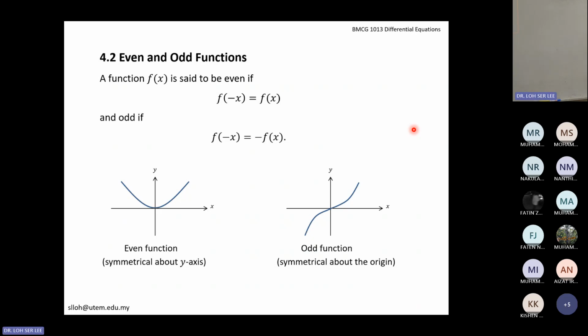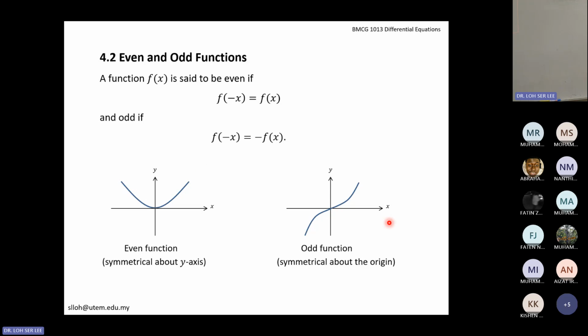Normally, in the final exam questions, there will be one part asking about the Fourier series, and maybe another part asking about odd and even functions. So there are two methods to identify whether the function is odd or even. This is the first method, and this is the second method.